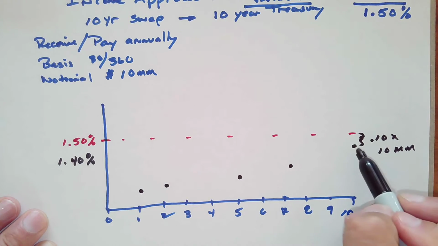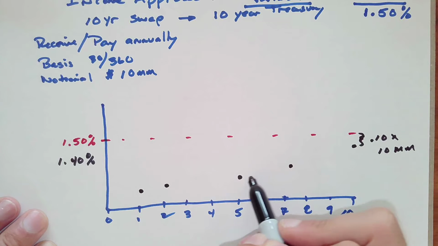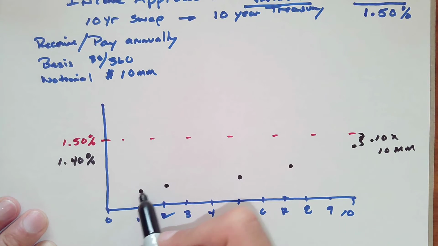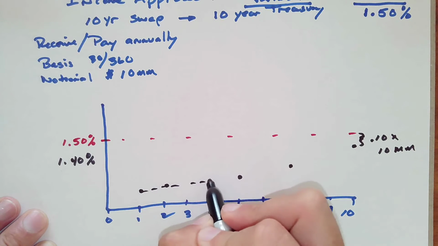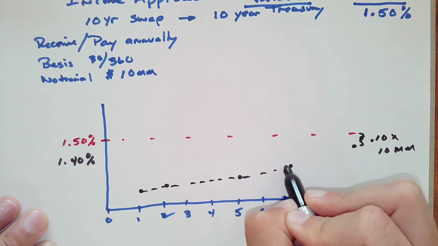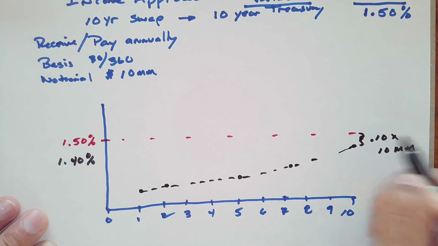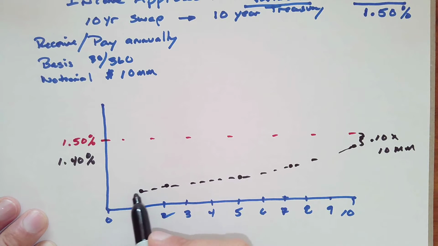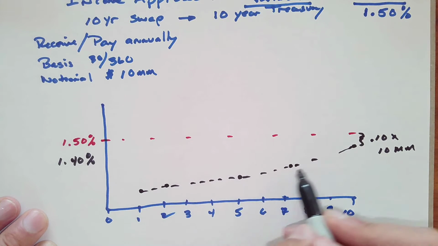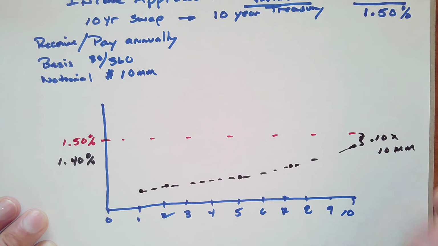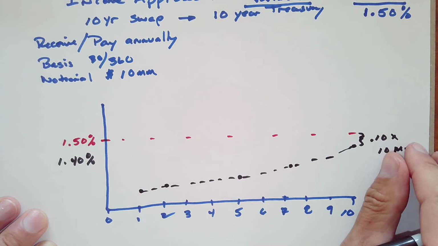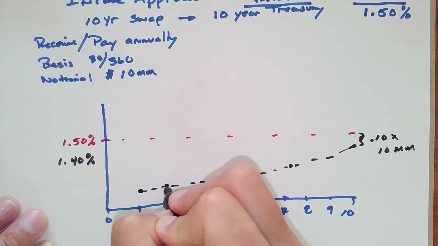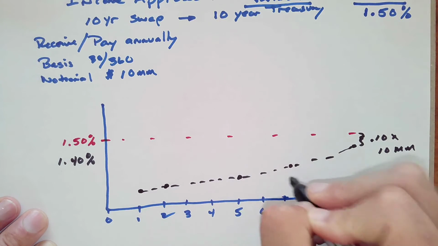So what we've done here is, just by looking at this little bit of a curve, we're going to just connect these dots. This is what we refer to as the forward interest rate curve, right? This is just what the market is now predicting of what rates are going to be at each of these discrete points.